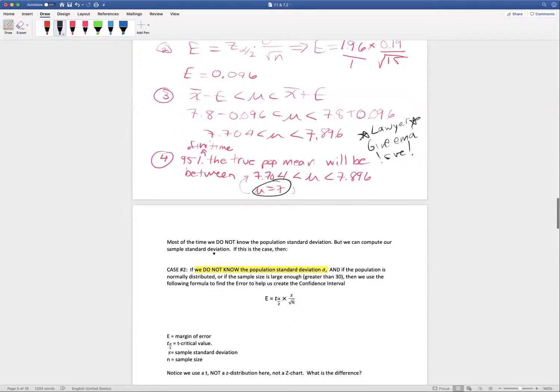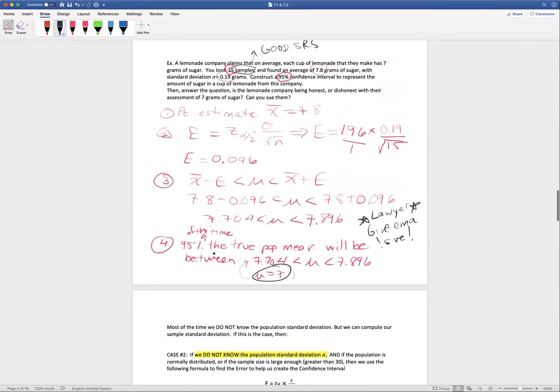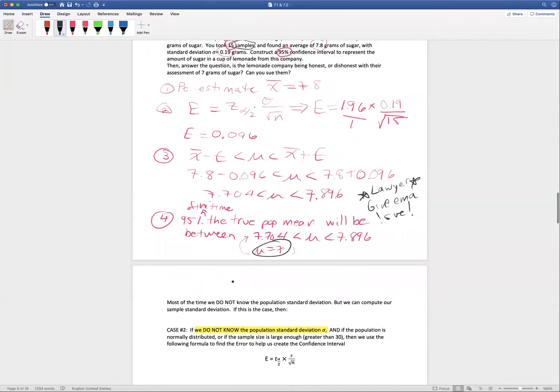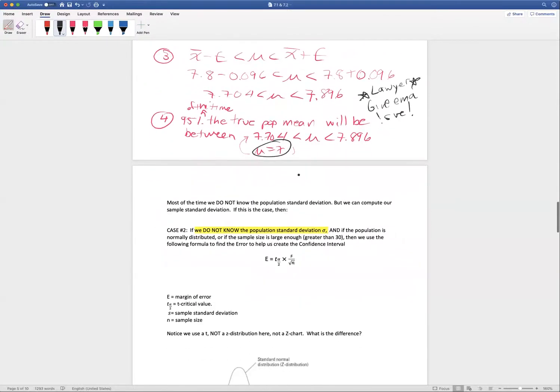Okay, so now this is how we're going to run a confidence interval if we know the population standard deviation, if we know sigma. Now, if we don't know sigma, which is the case most of the time because you're dealing with a sample, right? We're taking a sample. So most of the time, we're not going to know sigma.